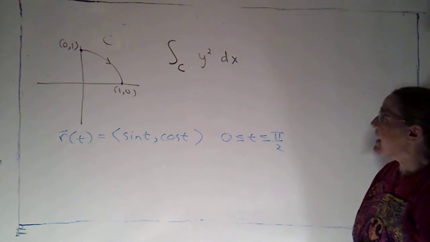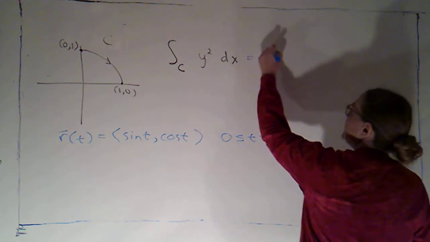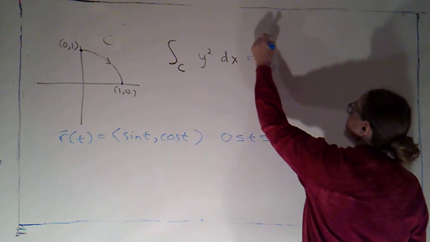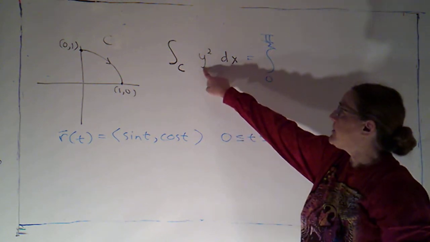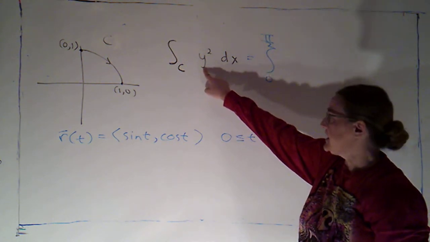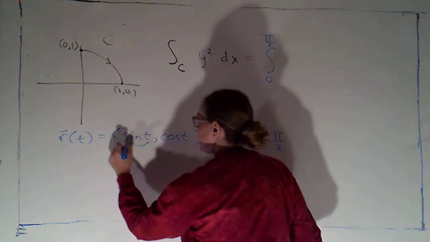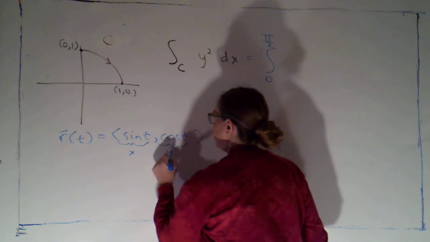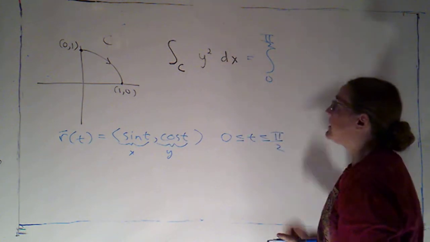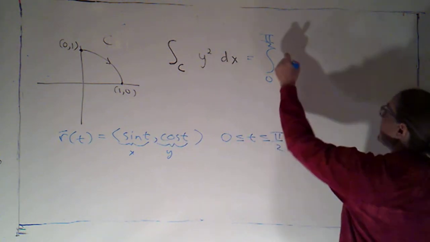And so then I could say, okay, this is going to become the integral from 0 to pi over 2. I've got to express my integrand in terms of t. So y was cosine of t. Remember, this is just giving me x, and this is giving me y. So that's going to become cosine squared t.